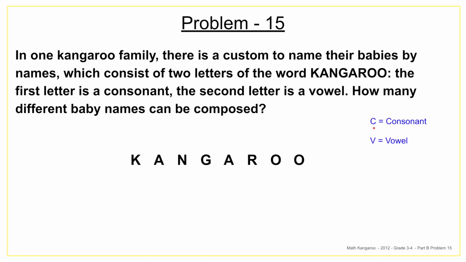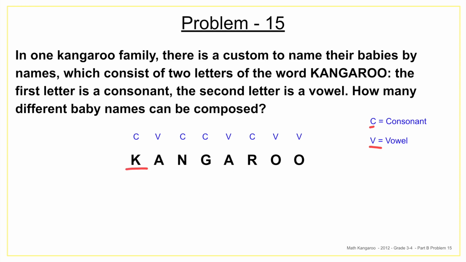We will represent C as consonant and V as vowel. K is a consonant, A is a vowel, N is a consonant, G is a consonant, A is a vowel, R is a consonant, O is a vowel, and O is a vowel.